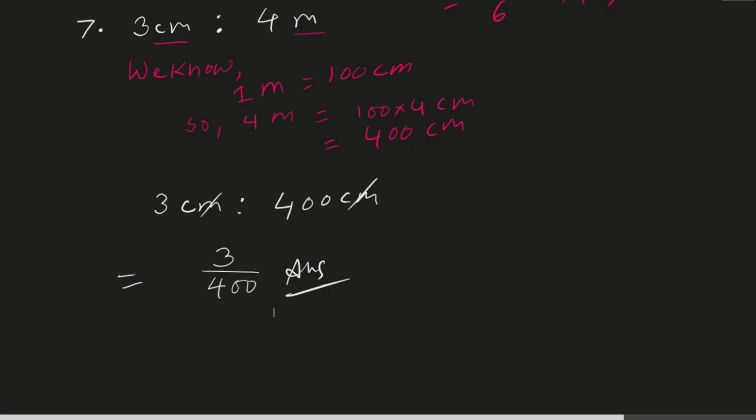All right, so now number 8. Number 8 is 10 square centimeter to 1 square meter. So here is the square meter. Like before, we know that 1 meter equals 100 centimeter.